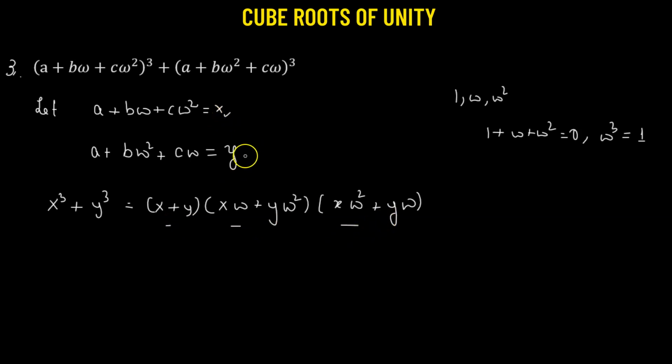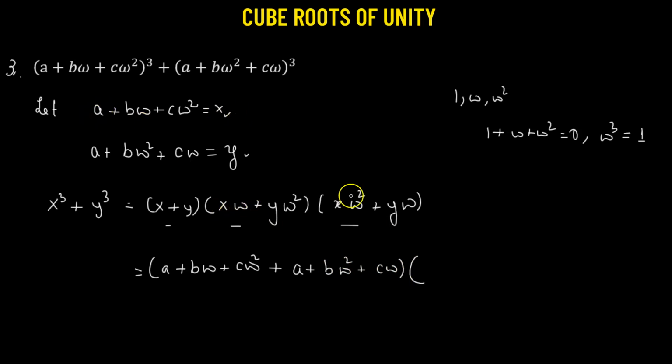We already have the values of x and y, so let's substitute. So we have a plus b omega plus c omega squared, added to y, the y value being a plus b omega squared plus c omega. This will be multiplied by x times omega.